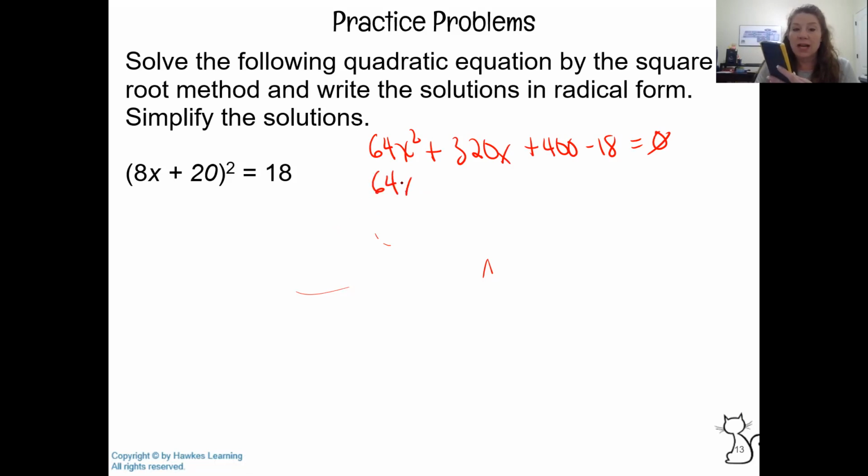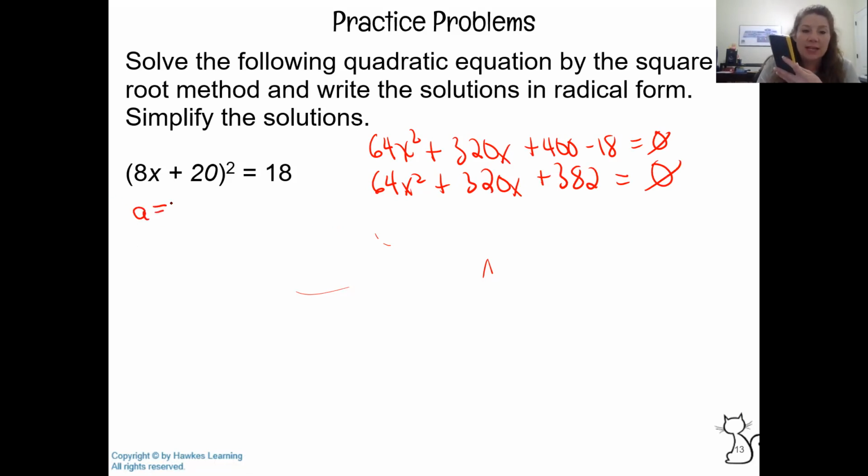So 64x squared plus 320x plus 382 equals 0. I could divide by 2, but I don't have to. So let's do A equals 64, B equals 320, and C equals 382.